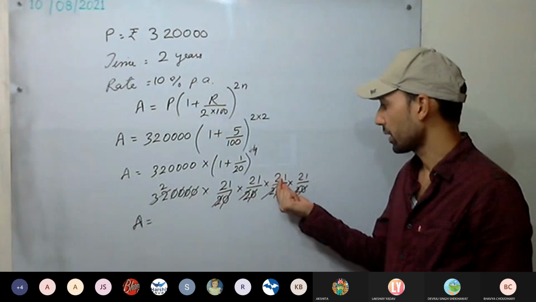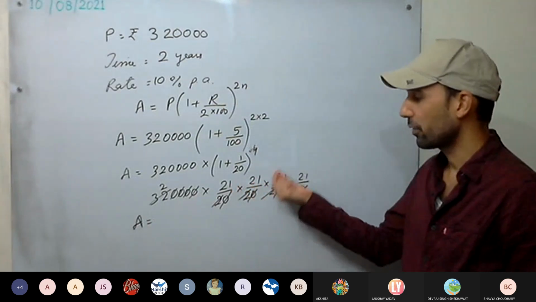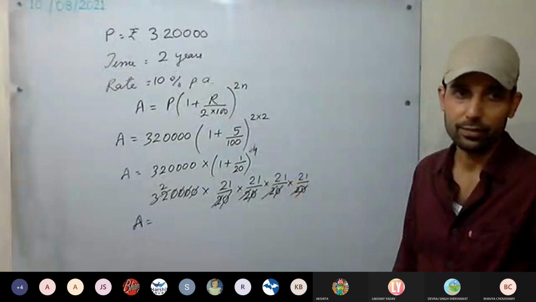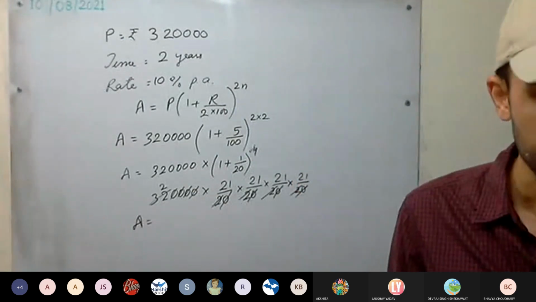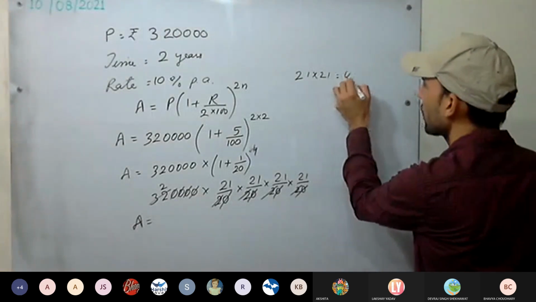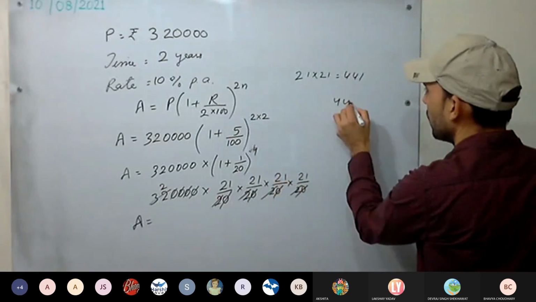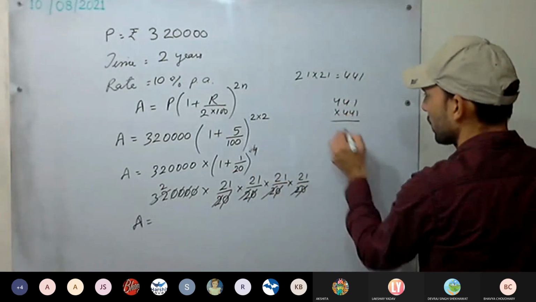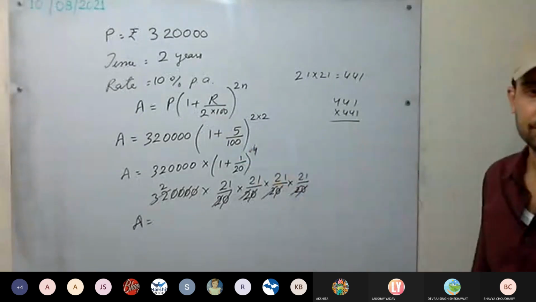Multiply 21 into 21. Okay, multiply this and the same answer multiplied with itself again. So 21 into 21, how much did you get? 441. It means 441 into 441. And then whatever answer you are getting, multiply with 4.